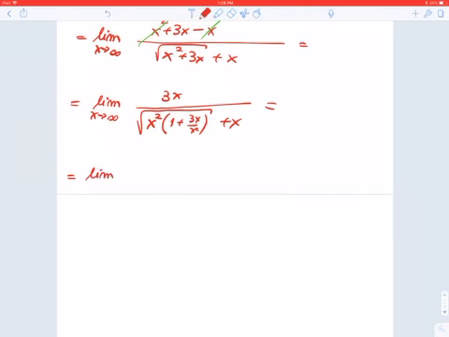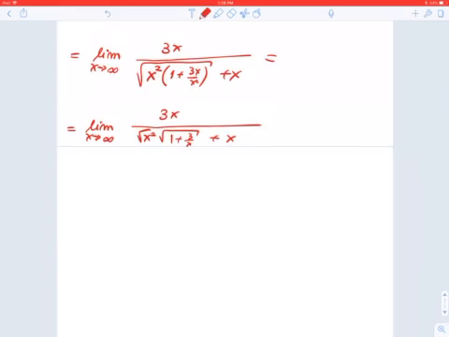And now, limit at infinity, 3x over x times the square root of 1 plus 3 over x, plus x. We may notice that the square root of x squared is just x, if x goes to positive infinity, of course.